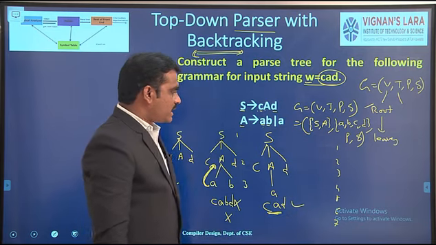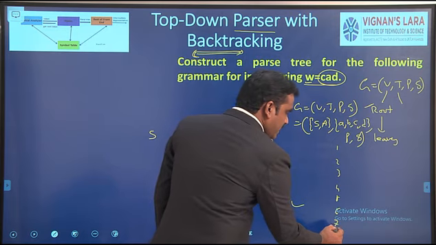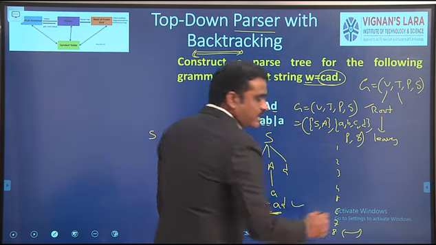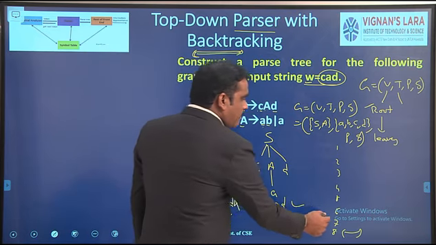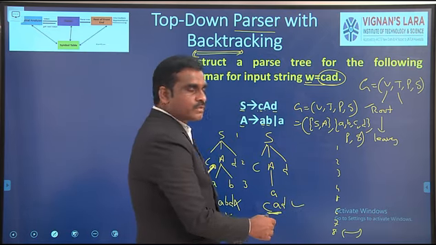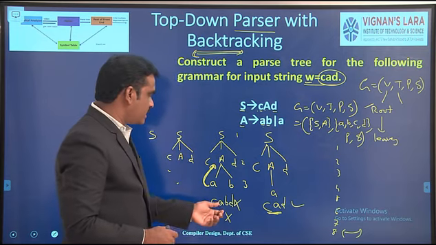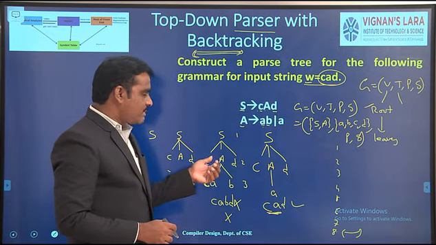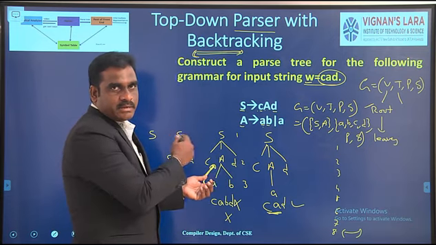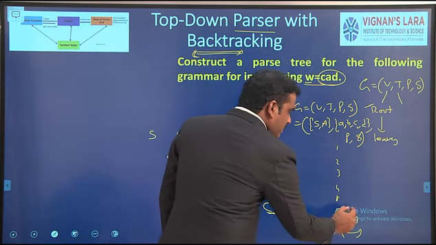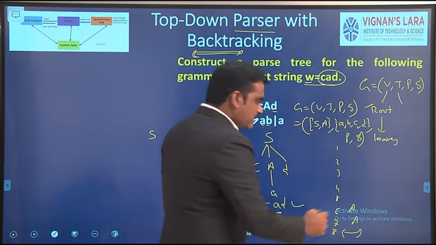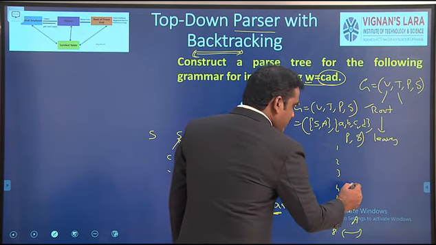Out of these 7 lines, finally in the 8th line we are not deriving the particular string. Then what happens? Go back and check again. This is backtracking. In this backtracking process it is difficult, because here some non-terminal is there, here also some non-terminal is there.